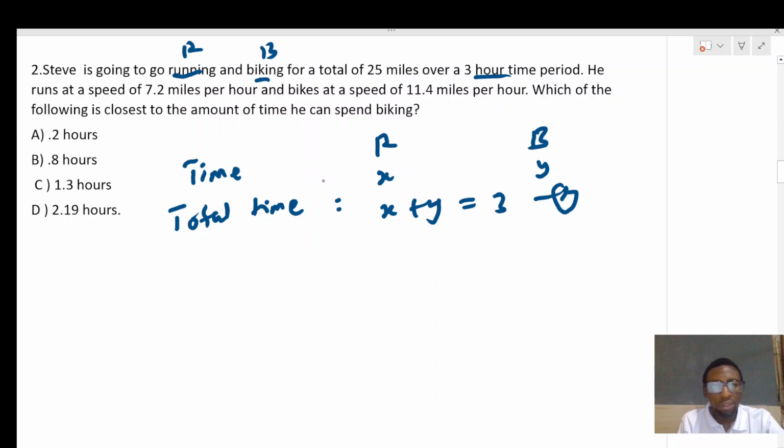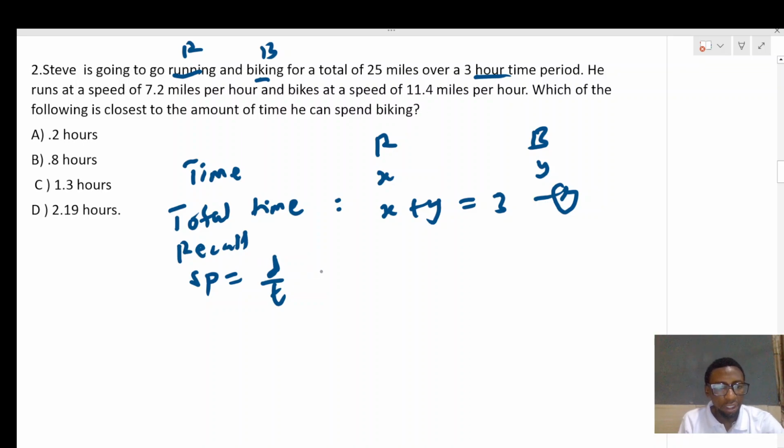They say he runs at the speed of 7.2 miles per hour and bikes at that. So your mind should go to speed. We recall that average speed is distance over time. So speed equals distance over time.